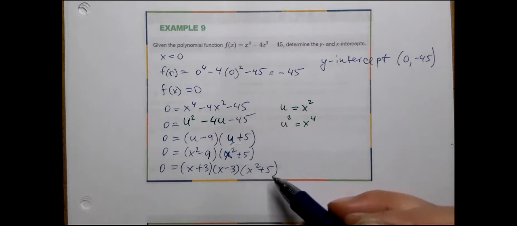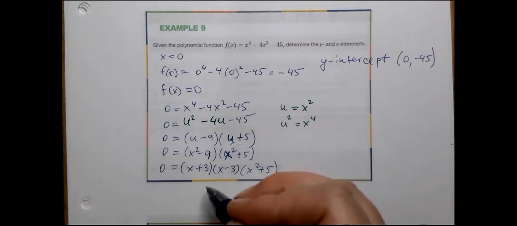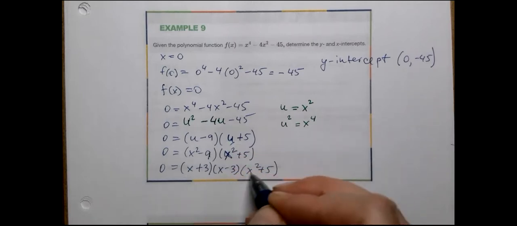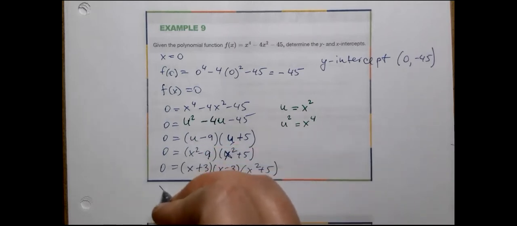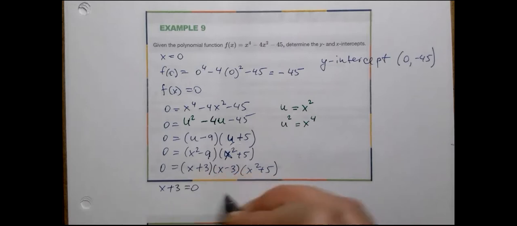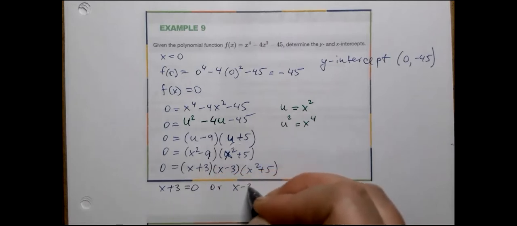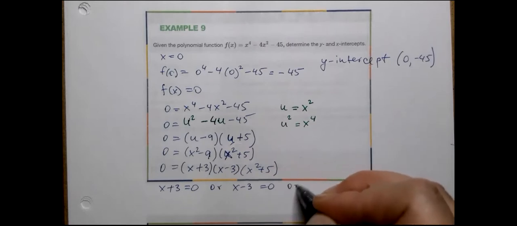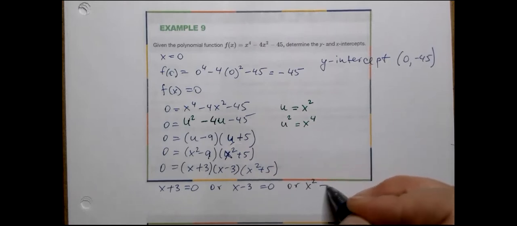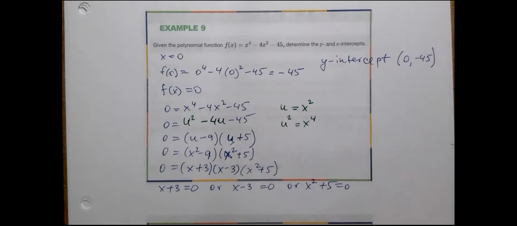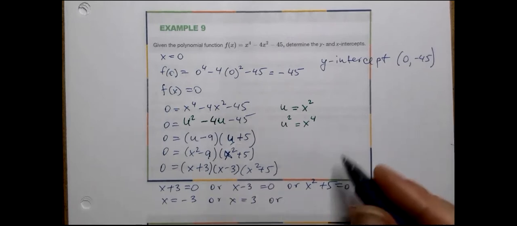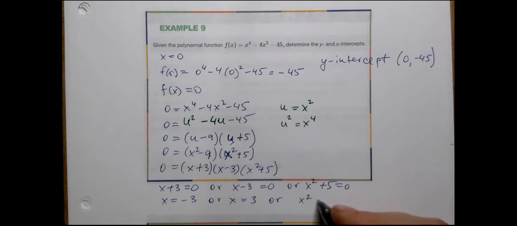Okay, so now, when does this equal 0? When x plus 3 equals 0, or x minus 3 equals 0, or x squared plus 5 equals 0. Well, it's either x equals -3, or it equals +3, or, well, let's see, here we have x squared equals -5.